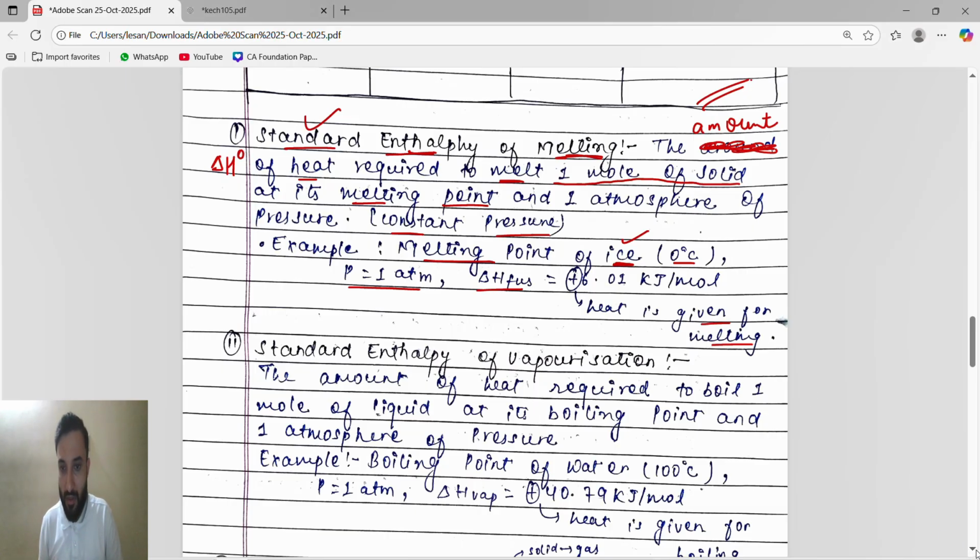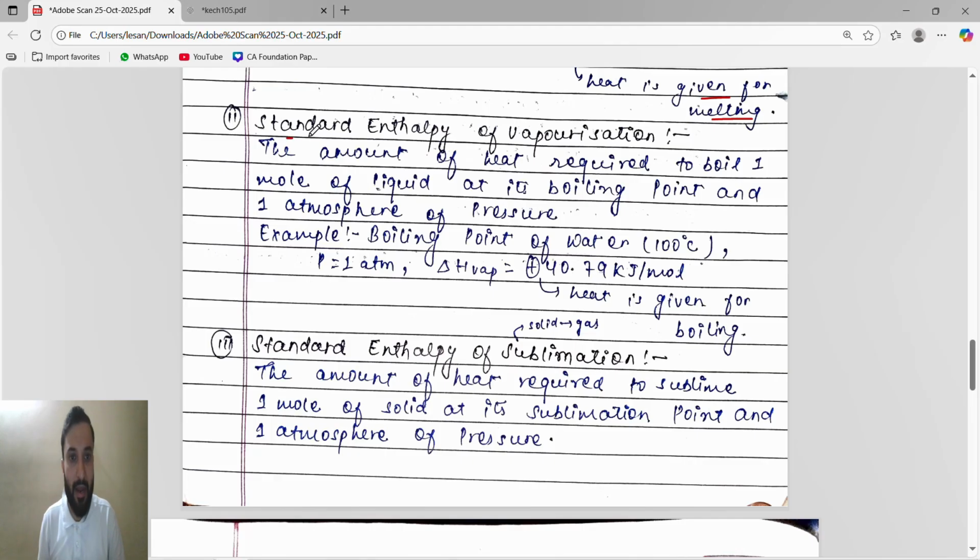Okay. Next we will write this standard enthalpy of vaporization. Vaporization means liquid to gas. So the enthalpy means what? Amount of heat required. Amount of heat required for vaporization, how will we do the vaporization? Boiling.